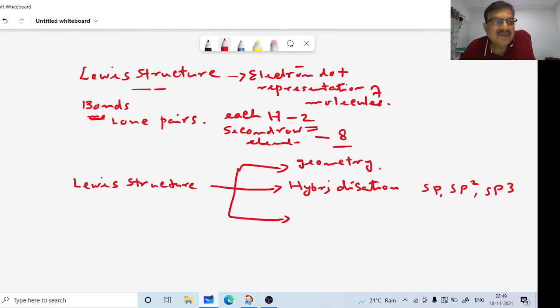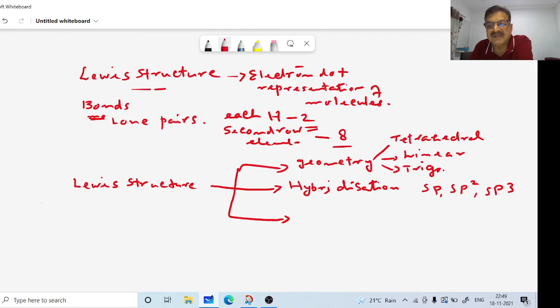What are the kinds of geometries? Whether the molecule is tetrahedral, as in the case of sp3 hybridization, or whether it is planar or linear, or trigonal planar, and so many other kinds.